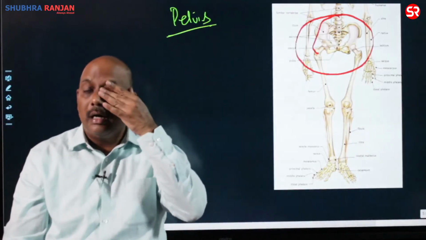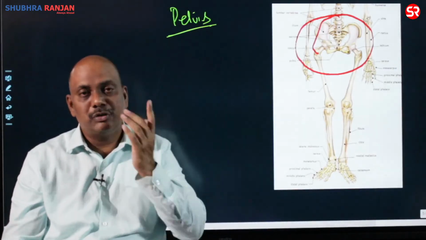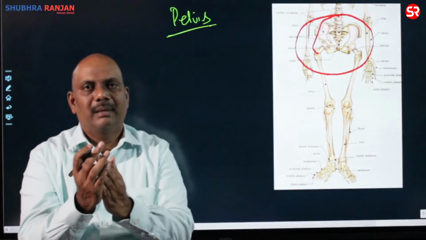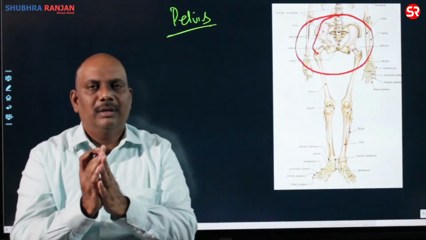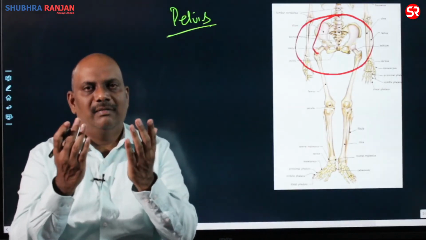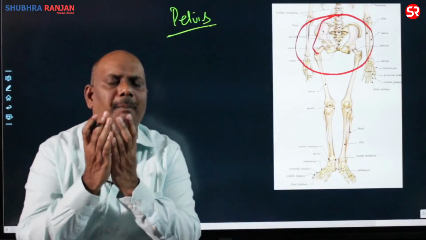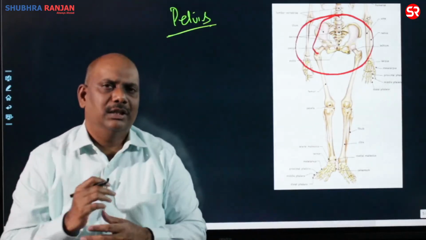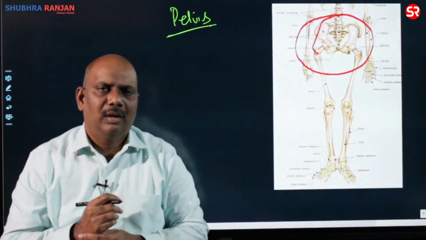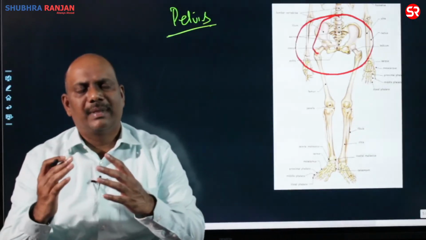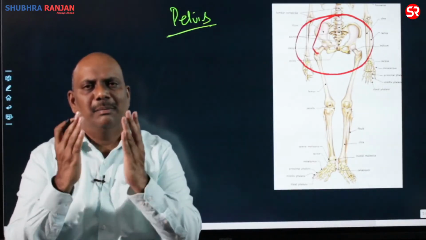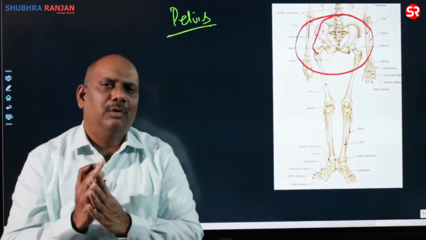But for the animals with quadrupedal locomotion, it used to be plate-like. The plate-like pelvis would be over the stomach, and the duty of the pelvis is to support the organs in our stomach. Once you get erect posture, if the pelvis remains like a plate, it will be of no use.